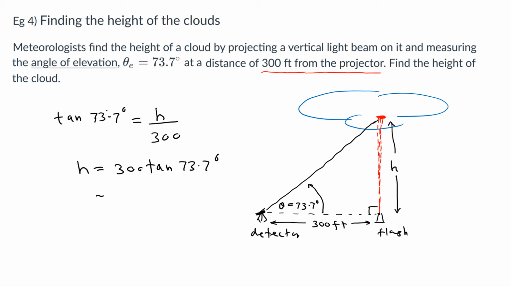And if you use a calculator, you can approximate this value, and you're going to get 1026 feet, rounded to a foot. Good. So that's how you do it, and you can see the calculation is very simple. So what you do, you draw the situation, and that's going to help you to solve a problem like that. So let's look at the next problem.